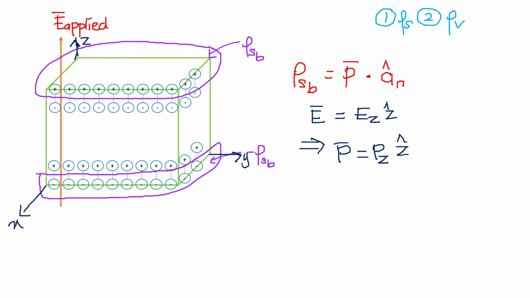So we get this equation based on the behavior that we observe in the equation. So when we get this, we can analyze our surface charge.